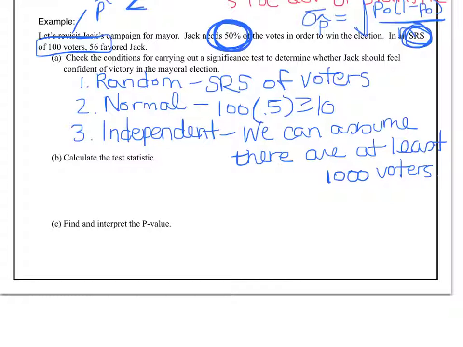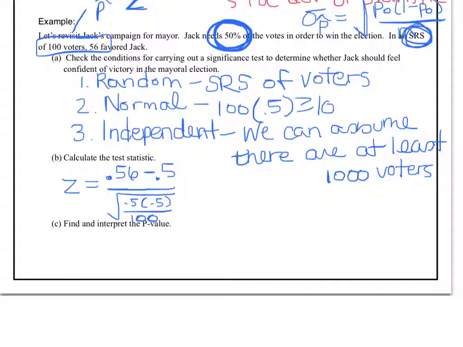Then when I calculate the test statistic, z is equal to p-hat, which would be 0.56, minus the 0.5, divided by the square root of 0.5 times 1 minus 0.5 over 100. And that gives us a test statistic of 1.2.